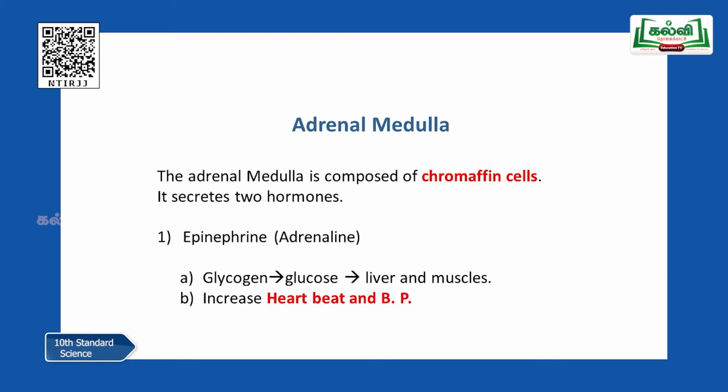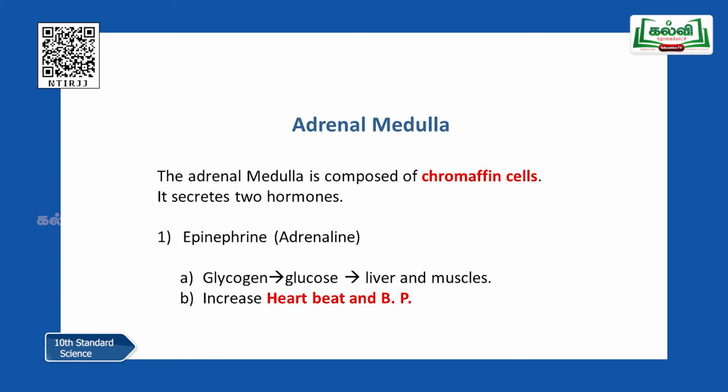In such a way, you understand glycogen is converted into glucose, and glucose is stored in the liver and the muscles, and it increases the heartbeat and BP, that means blood pressure. It is also responsible for this. So, epinephrine controls the blood pressure and heartbeat. Sometimes the heartbeat will be low and BP will be low.